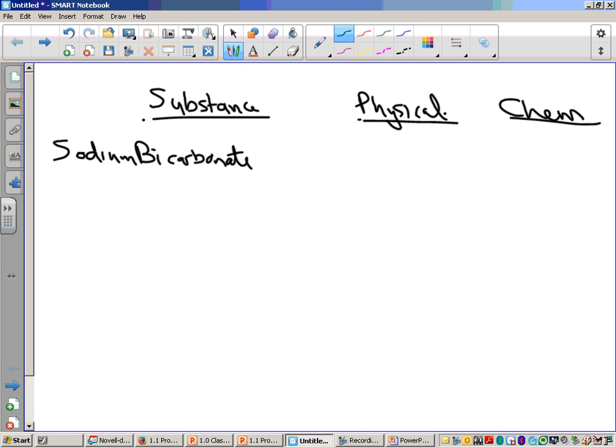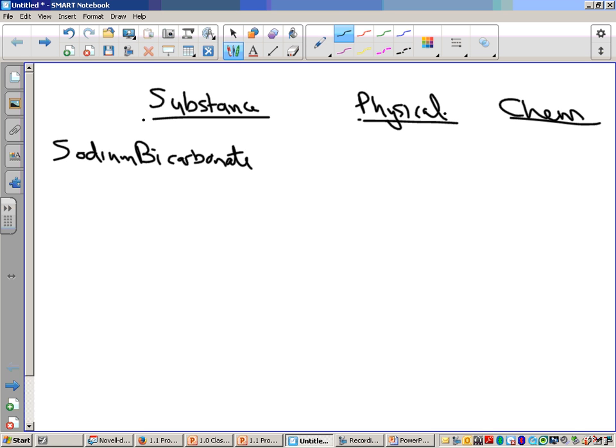So, can light go through it? Is it transparent? Can light partially go through it? Is it translucent? Right? Have you heard of those terms before? Or can light not go through it? Is it opaque? That's number 1. That's the first descriptor you use.